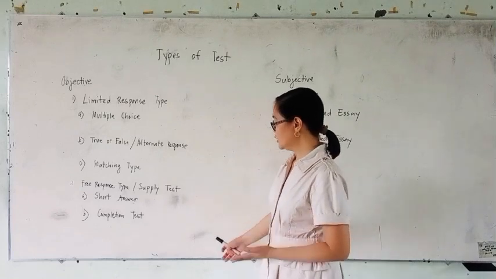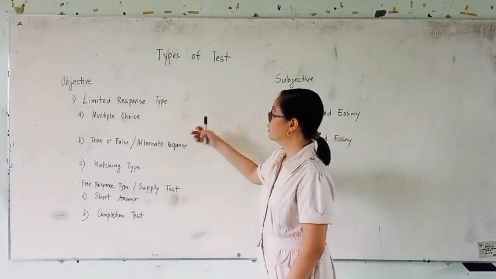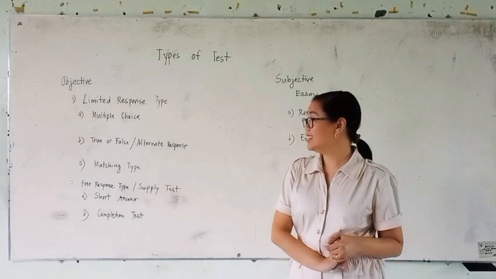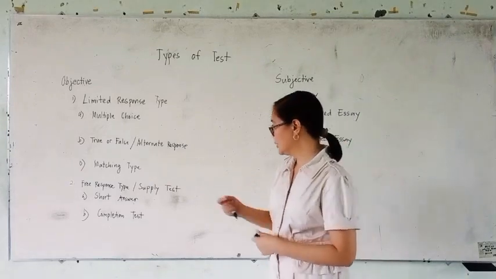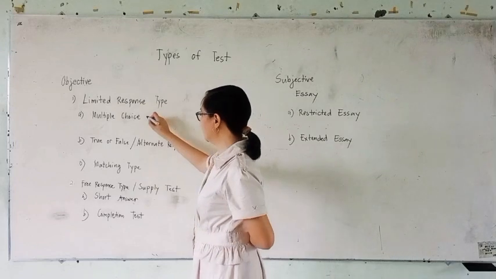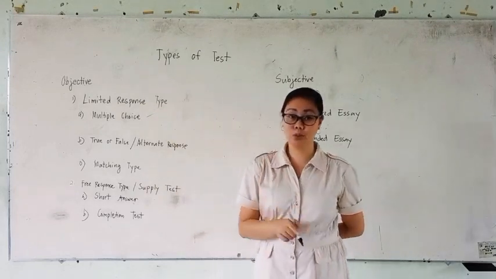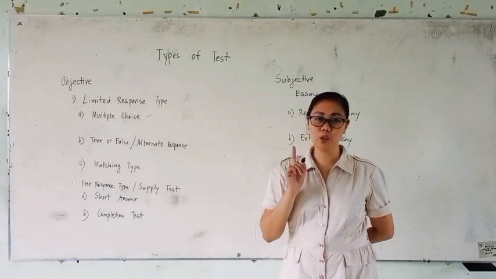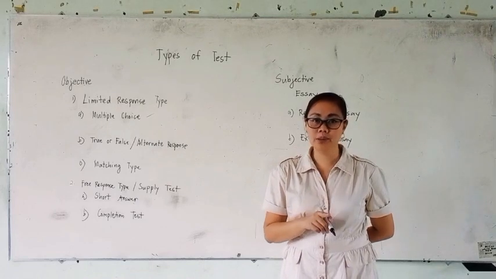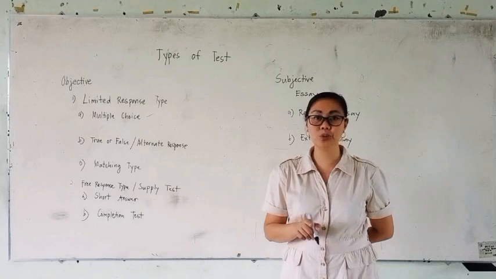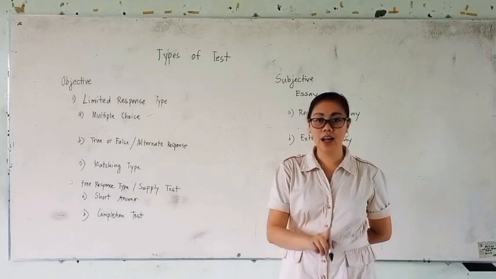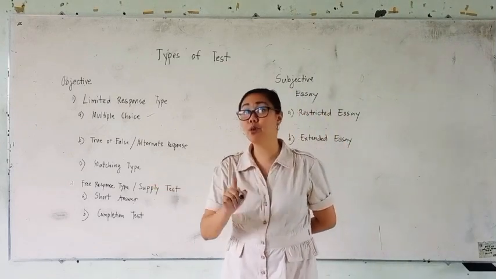So let us first look into the limited response type. For the limited response type, the most common is multiple choice. For multiple choice, we limit the number of options to 3 to 5.